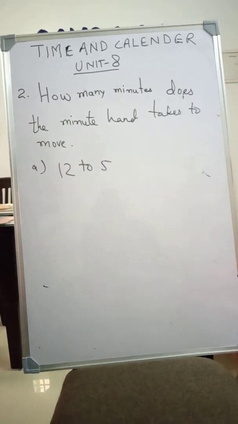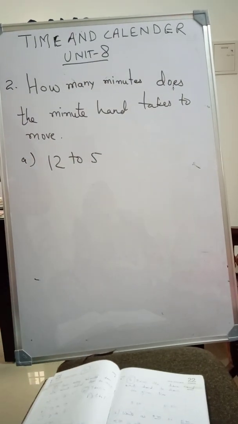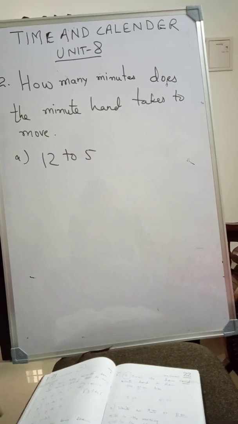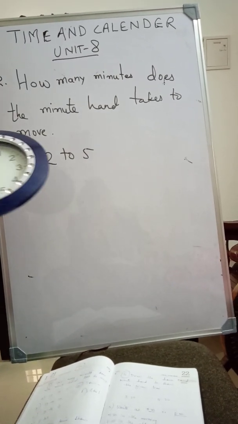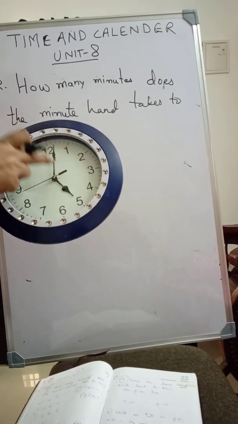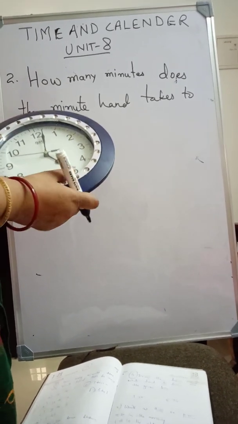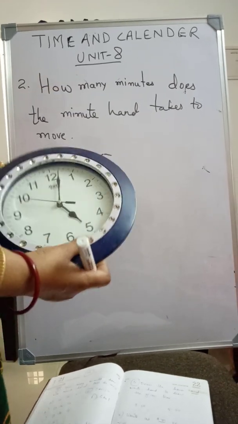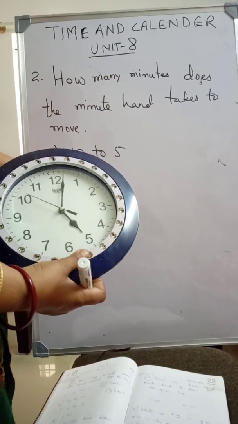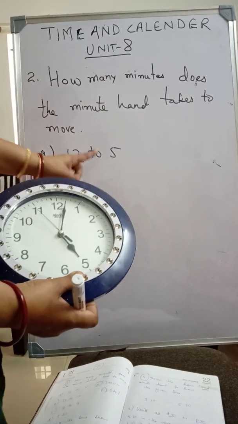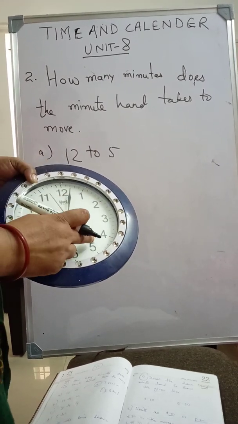Okay, now come, let us start with this clock. This is a minute hand. How many minutes does the minute hand take when it moves from 12 to 5? So this is 12 and this is 5.